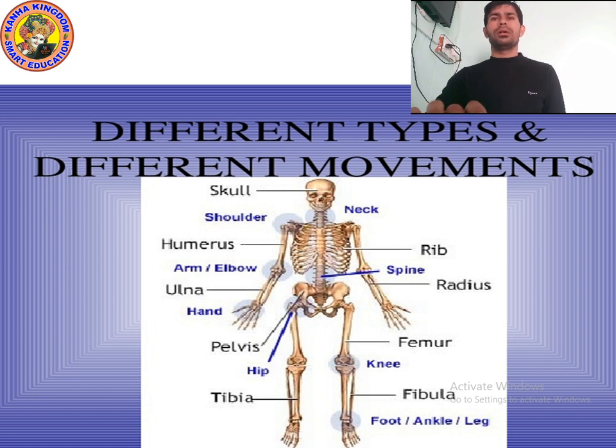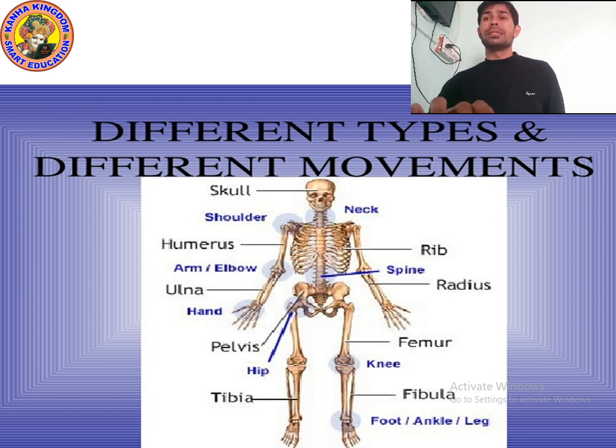And if we talk about the fixed joint, it is a non-movable joint which does not allow our bones to move. It is present in our teeth, and it is also present in our skull.